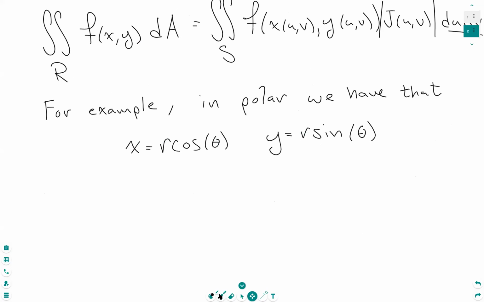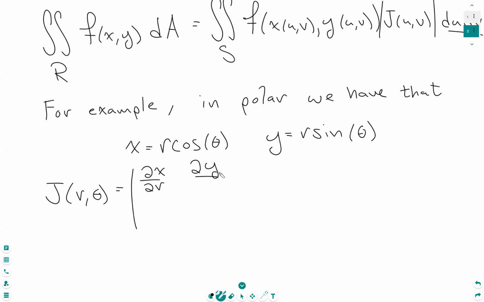So what if we just happen to take this Jacobian? I take the Jacobian, and now it's r and theta.